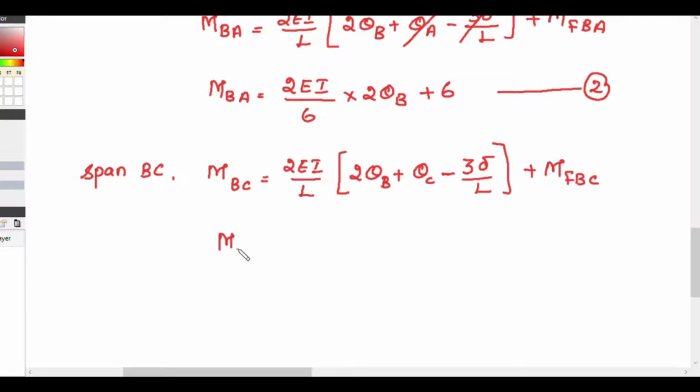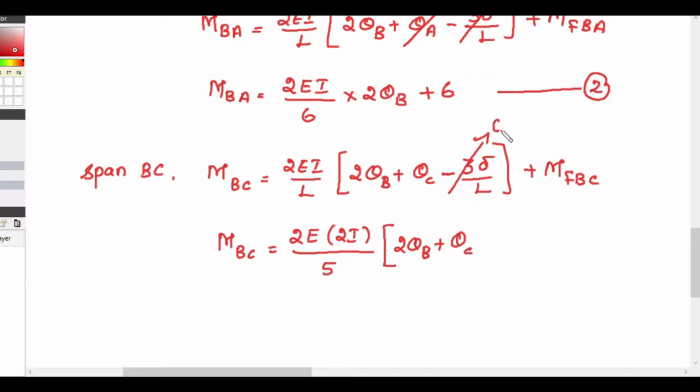So MBC will be equal to 2E into 2I, the length of the span BC is 5 meters, so divided by 5, into 2 theta B plus theta C. Now the deflection is equal to 0, plus the fixed end moment, F means fixed.